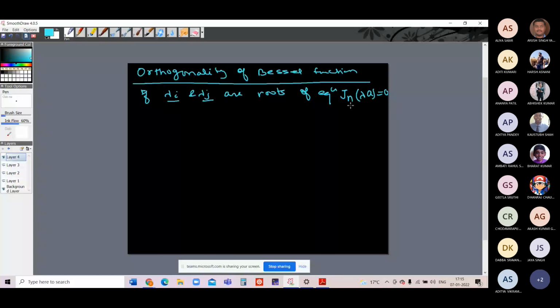When lambda takes the value lambda i, then this equation will be satisfied, and when lambda takes the value lambda j, then again this equation will be satisfied.